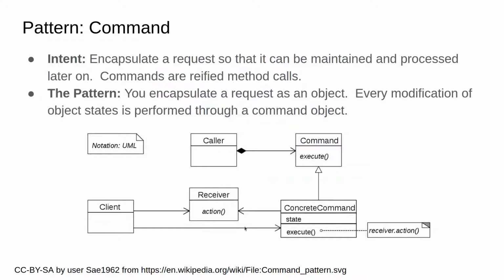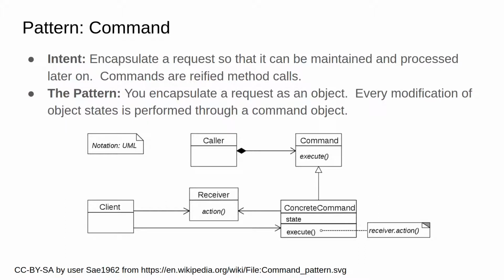The way I do it is the following. Looking at the pattern like this, instead of calling the action of the receiver directly, you call it through a command. A command would just call the action, and you can keep the command for later. With this you can also have redo and undo, because you keep the commands.